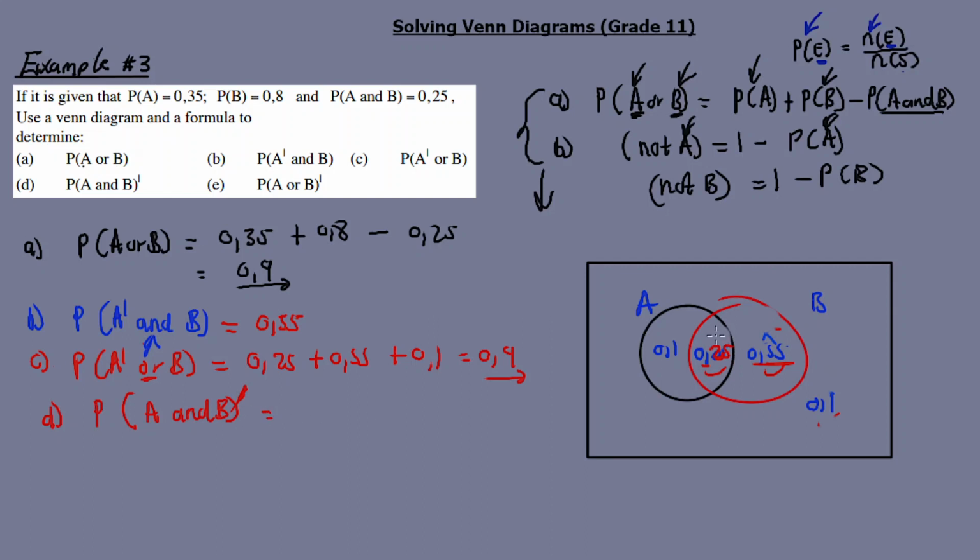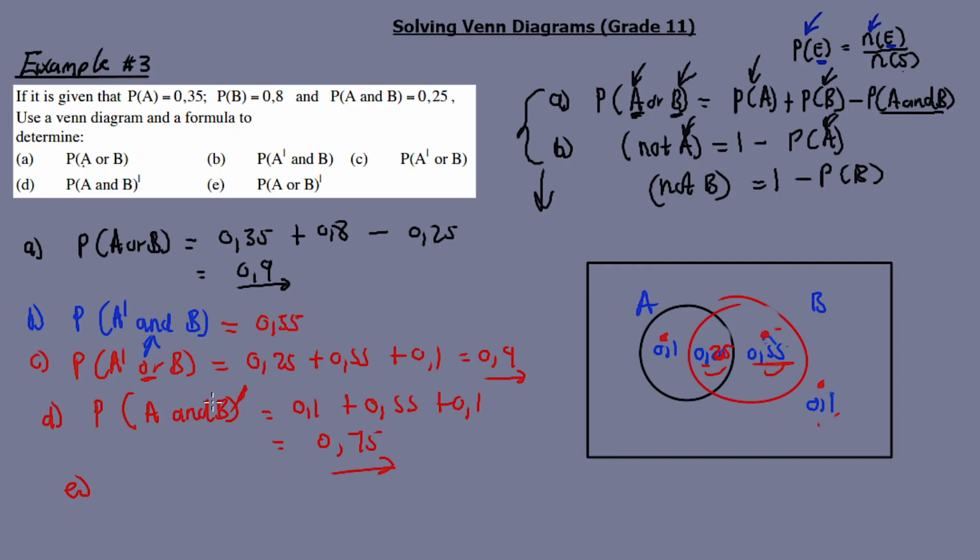Now not A, so A and B now. The answer is 0.1 plus 0.55 plus 0.1, and the answer comes out to 0.75 now.